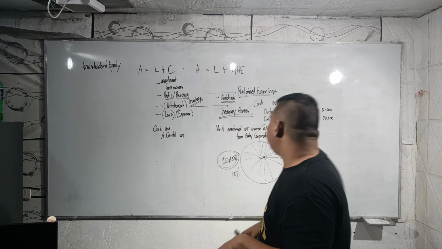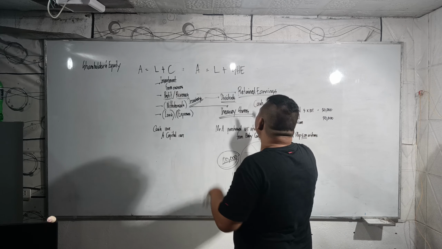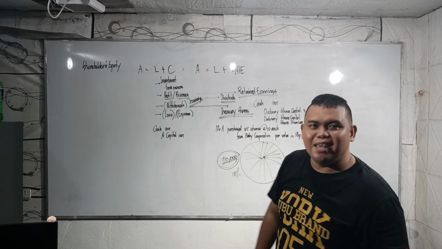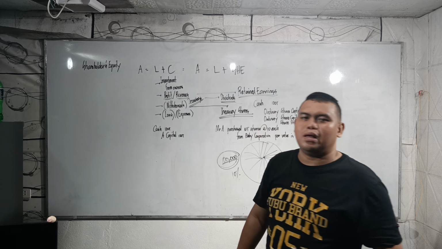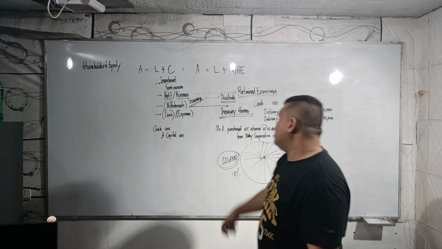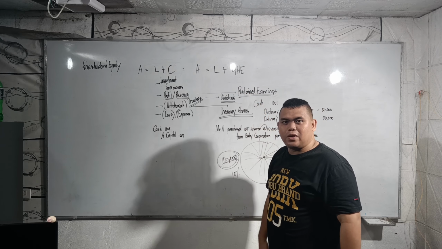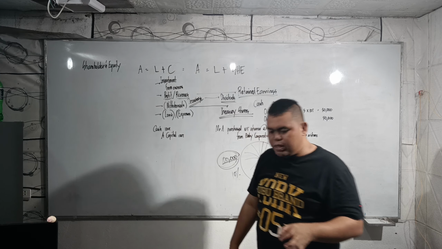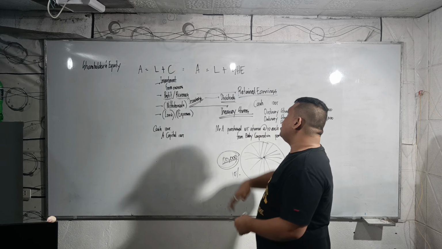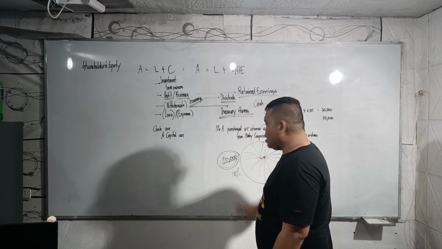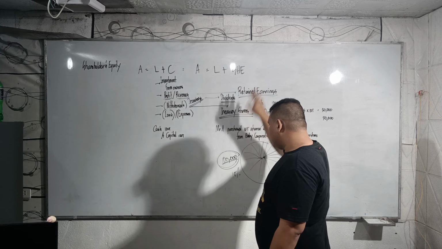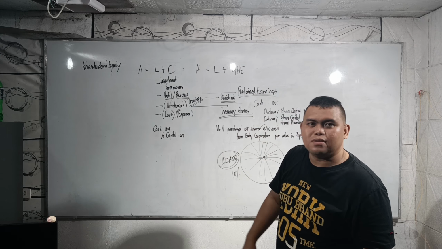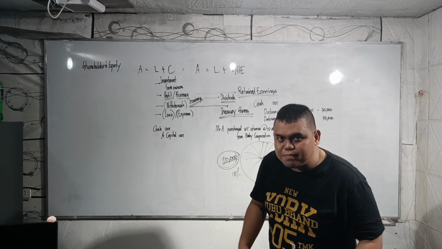The problem is, not only these accounts are present in the shareholders' equity. Actually, there are a lot of accounts in the shareholders' equity. So, you have to imagine that at the end of this video, we're going to get the shareholders' equity in total based on those different accounts. That's our very goal.